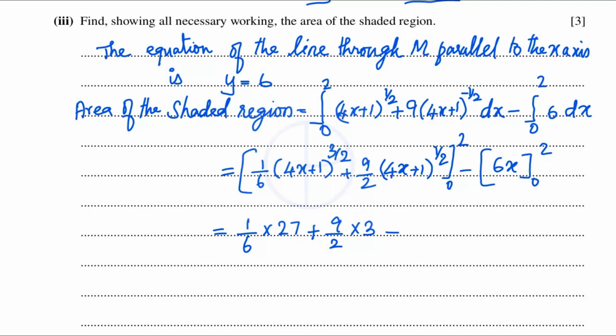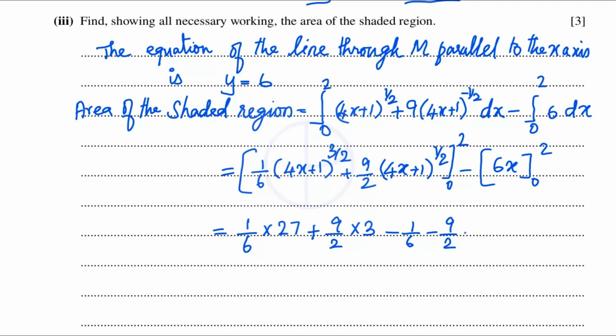Now let's substitute the lower limit 0. So 1 over 6 multiplied by 0 plus 1. 1 power 3 over 2 is nothing but 1. Minus 9 over 2. Again this is also 1. 4 multiplied by 0 plus 1 is 1. 1 power 1 over 2 is nothing but 1.